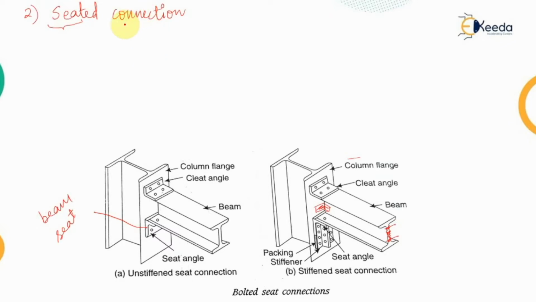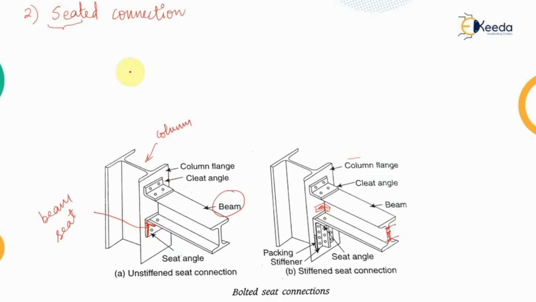Now obviously, when we are providing this seat, that means this angle is provided below this beam. This is the beam part, and this I section is the column. Providing the seat below the beam has an advantage in the erection process, because earlier we were providing supporting bolts below this beam, but now there is no need for the support, because this seat angle will also take care of the erection process.